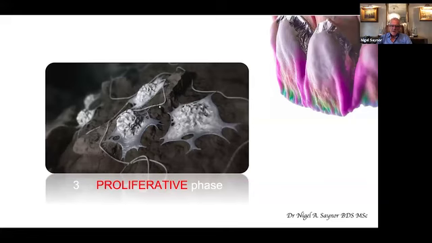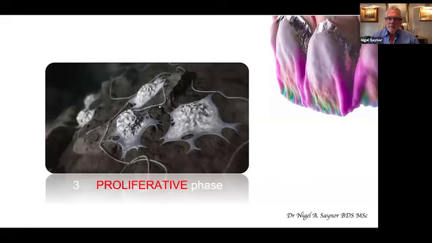I've seen some people rushing a case, taking the provisional restoration off, interfering with things. If it's broken, if it's fractured, then you have no choice. But always remember that the 7-day mark, your primary mechanical stability is compromised.